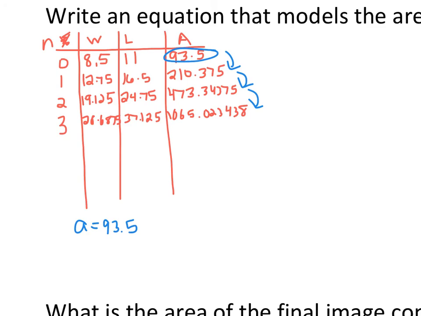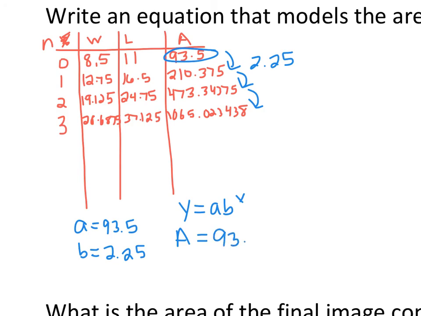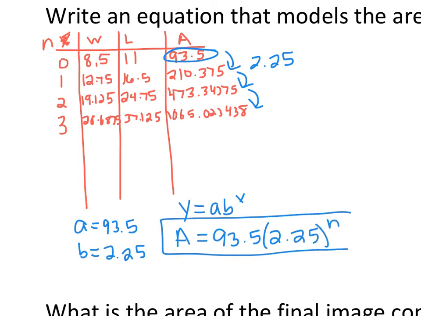And you get 2.25. So the B value is 2.25. So my formula y equals ab to the x. Remember, we're using a here. A equals 93.5 times 2.25 to the n. So there's our formula.